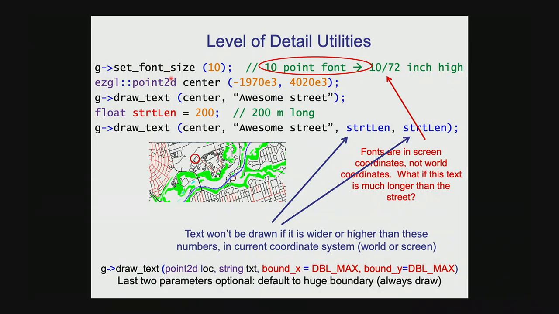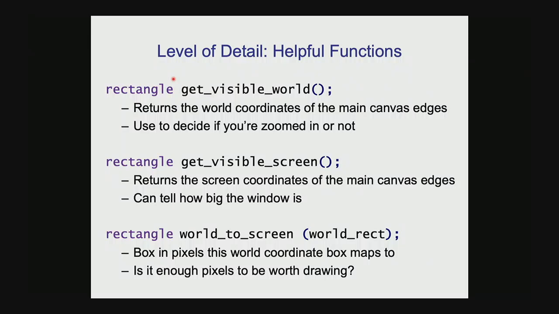But it knows that to draw this text, it needs around 10, 15 pixels, for example, okay? So it won't draw it. When you zoom in a little bit, that number of pixels for the street will get bigger, because now it's able to show the street more clearly, and maybe it's able now to show the text. Is this clear?